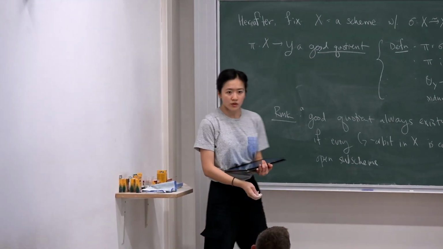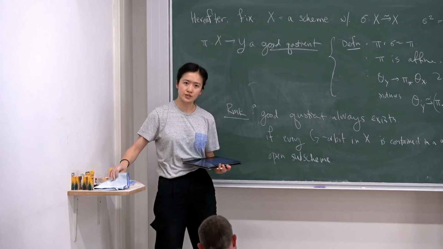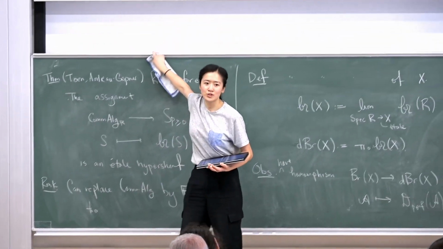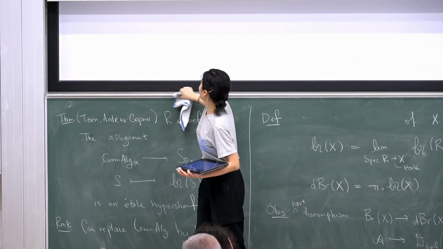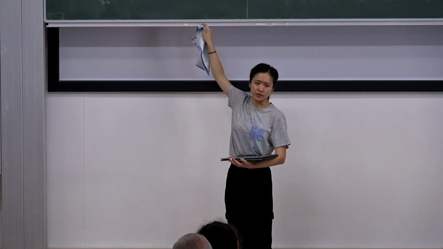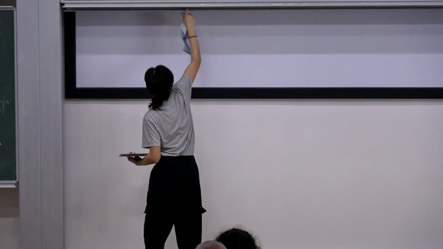So any example that you might want to consider for geometric reasons will probably be nice like this. We're just excluding pathological examples like taking the line with the doubled origin and then swapping the doubled origin points, for instance.